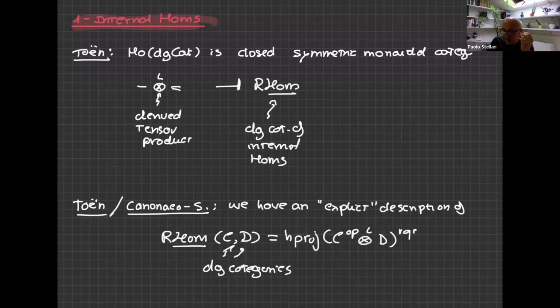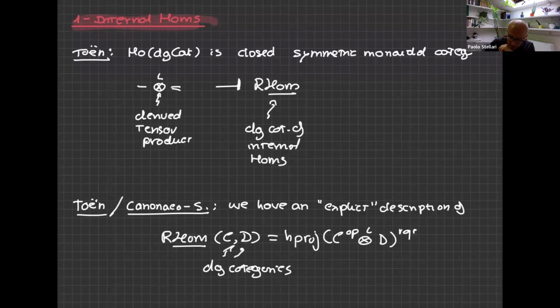And I take the h-projective DG bimodules which are right quasi-representable, meaning that if I look at the bimodule and interpret it as a functor, then the image of the functor must be contained in the essential image of the Yoneda functor of D. Okay, so that's the meaning of right quasi-representable.